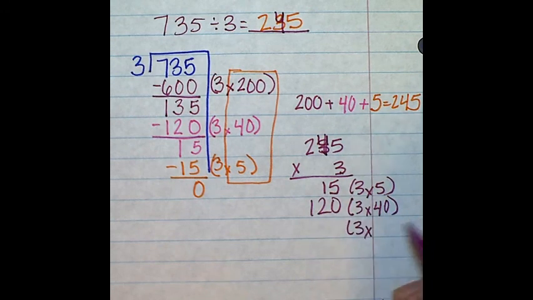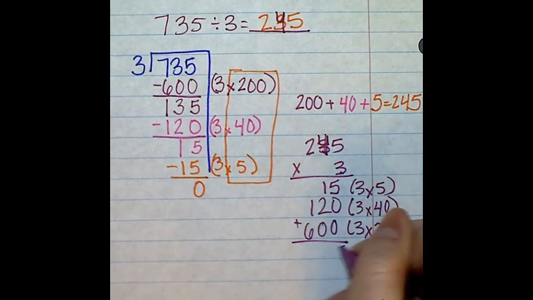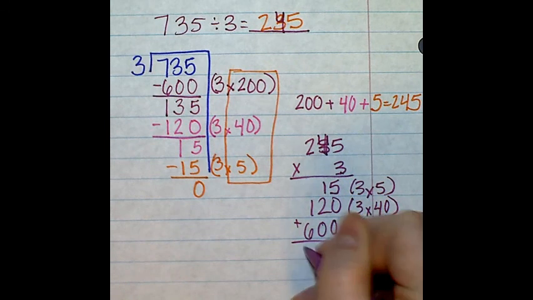And 3 times 200 equals 600. So when I add, I have 5 ones, 3 tens, and 7 hundreds.